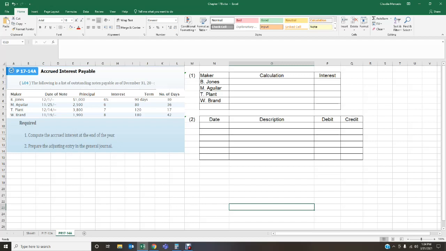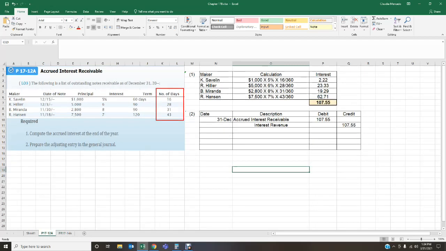Now notes payable. This is money that we, the company, owe different individuals or companies or businesses. So we are responsible to pay. When we did the prior problem, which was accrued interest receivable, we were going to be receiving the money. Other individuals owed us money and we were going to receive it.